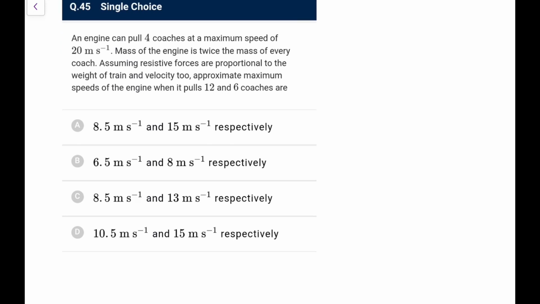An engine can pull 4 coaches at a maximum speed of 20 meter per second. The engine's mass is twice the mass of every coach. Assuming resistive forces are proportional to the weight of the train and velocity, approximate the maximum speed of the engine when it pulls 12 and 6 coaches. Let the engine's force be F. In the first case, F minus Fr equals mass times acceleration, and Fr is K times the total mass, 4m plus 2m, that is 6m, and it is proportional to velocity also, so proportional to 20.